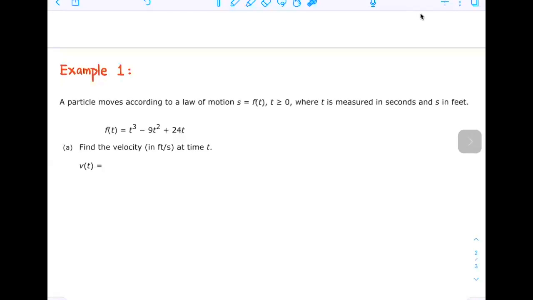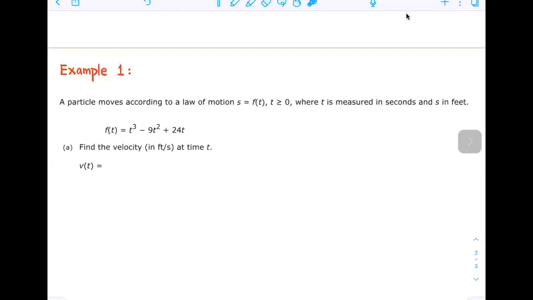A particle moves according to a law of motion s equals f of t, t greater than or equal to 0, where t is measured in seconds and s in feet. This position function f of t is equal to t cubed minus 9t squared plus 24t. Find the velocity in feet per second at time t.